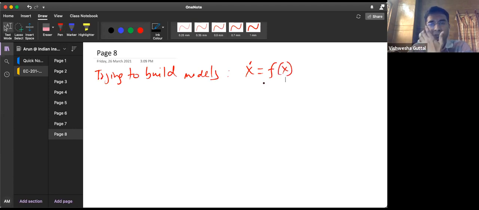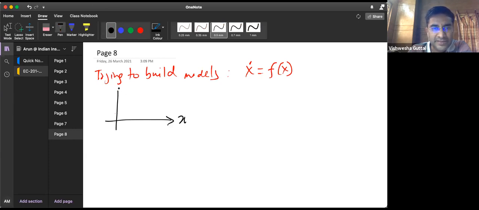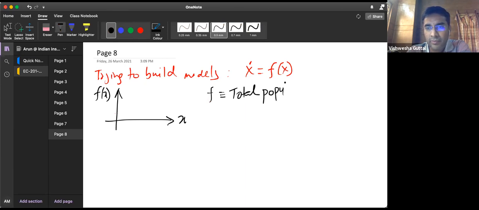Okay, so first thing you would like to plot is this. I'll take that different color. Certainly plot this, x versus f of x. Remember, what is f of x? It's the total population growth rate.